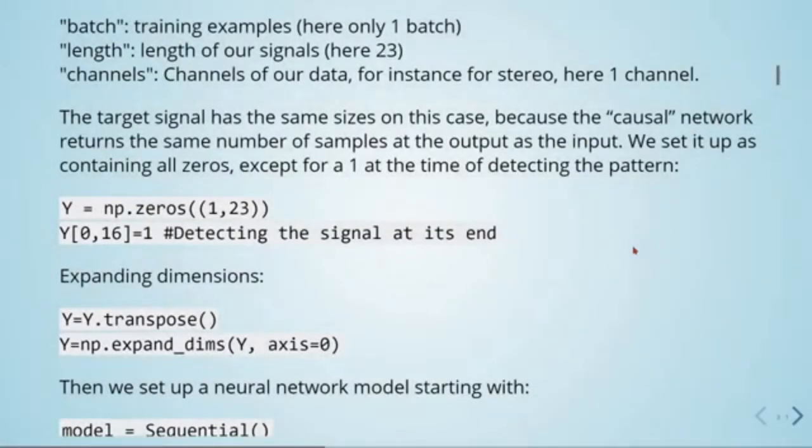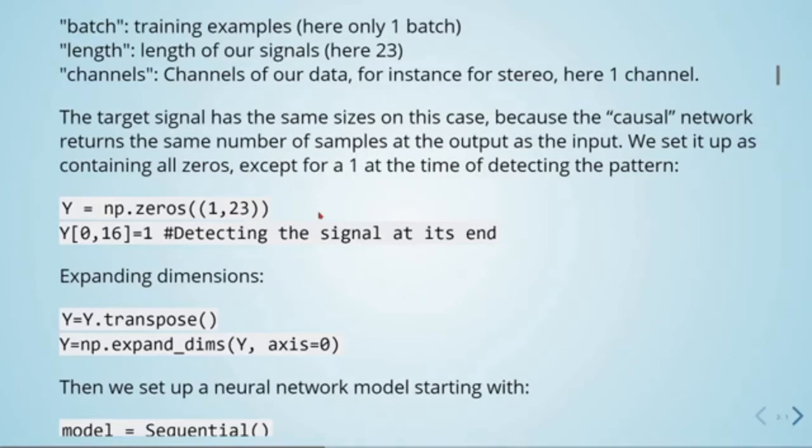The target signal will have the same size in this case, because we use a causal network that returns the same number of samples at the output as the input, and we will set up our target containing all zeros except for a 1 at the time of detecting the pattern. So we will detect the ramp at its end.